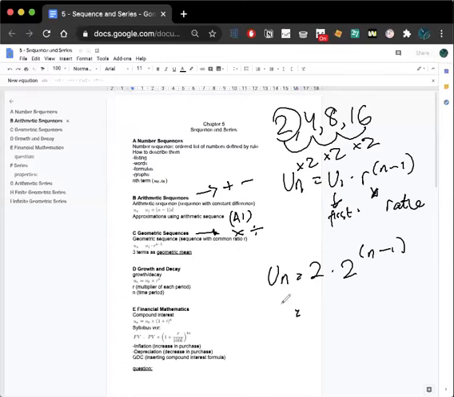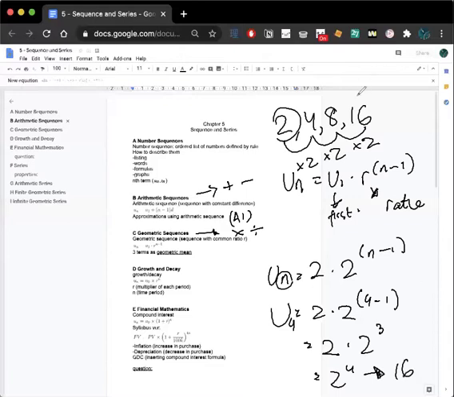And then if you insert this n, you can find that, for example, if you have u4, that would be 2 times 2^(4-1), which equals 2 times 2^3, so that would be 2^4, and that results in 16, or this one. 1, 2, 3, 4.